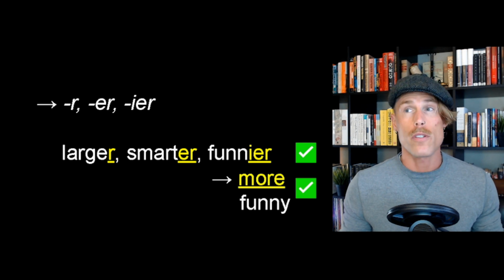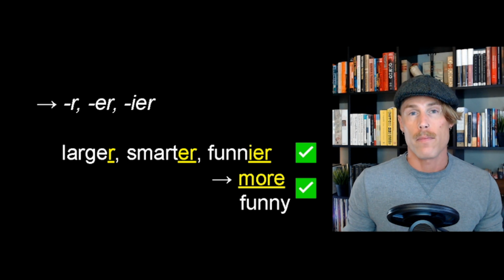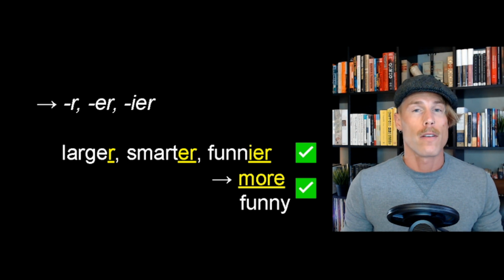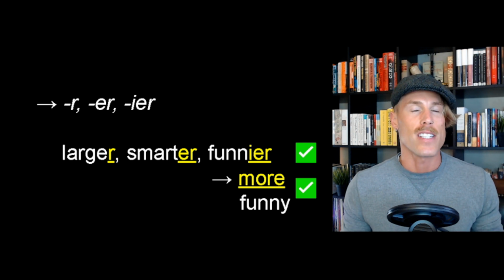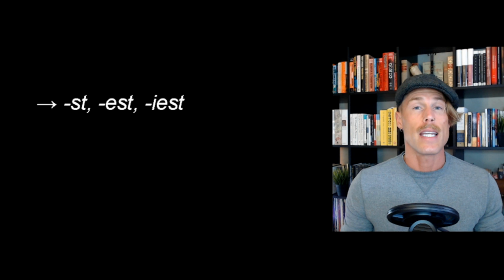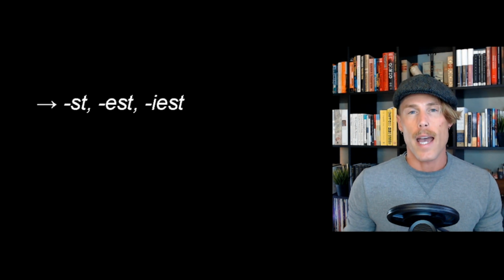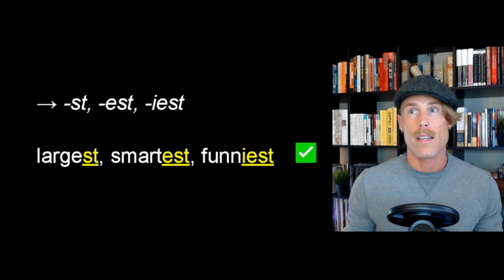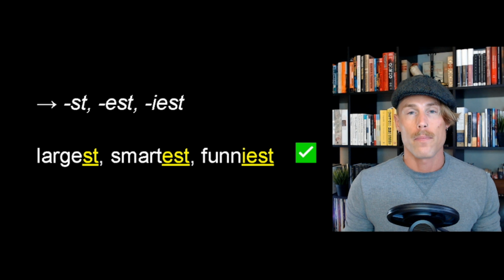And you can also say more funny. Why? Let's talk about that in a second. I'll give you a hint. Look at the syllables in funny. And the ST, EST, IEST: largest, smartest, funniest. These are superlative.